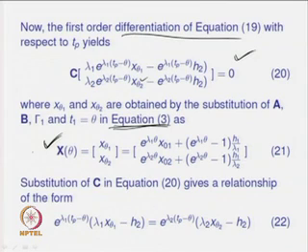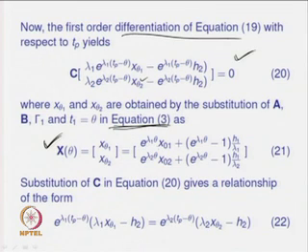As I have said, the state has got two values at any instant of time. So, those two values can be obtained with the expressions e to the power lambda 1 theta x 0 1 plus e to the power lambda 1 theta minus 1 times h 1 upon lambda 1, and e to the power lambda 2 theta x 0 2 plus e to the power lambda 2 theta minus 1 times h 1 upon lambda 2.